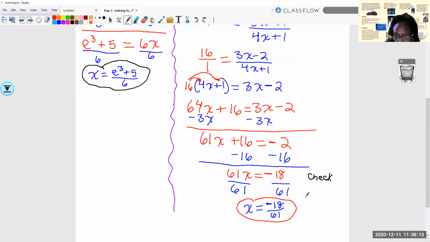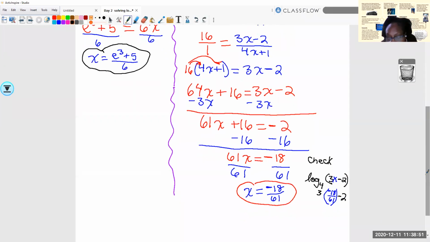We'll write everything: log base 4 of 3x minus 2. That's the value I'm substituting: negative 18 over 61 times 3, minus 2.